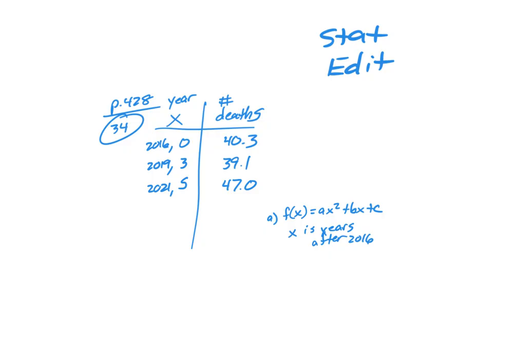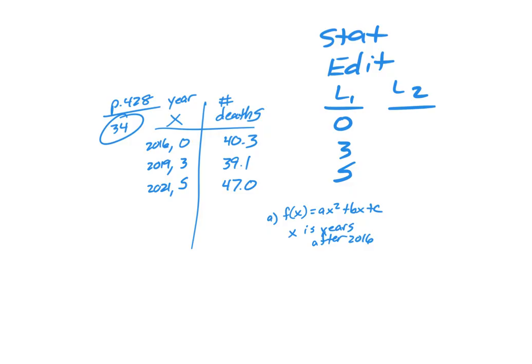Okay, and you should have a bunch of lists there, L1, L2, L3, but under L1, we're going to put 0, 3, and 5. You're not going to put the actual year in, you're going to put how many years since 2016. If you put the year in, your data is not going to be correct. So we're going to put in 0, 3, and 5.